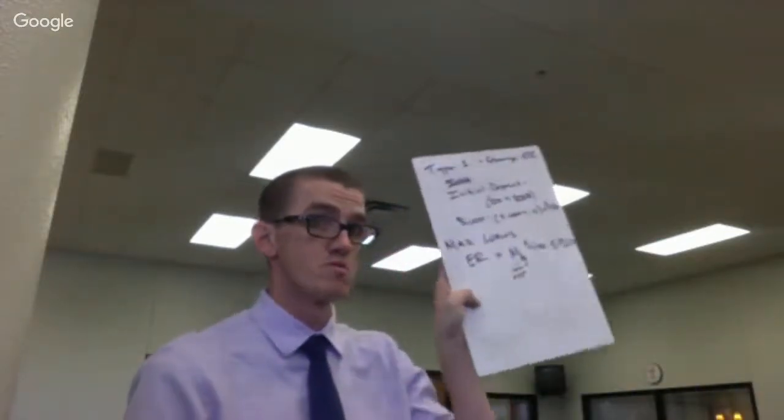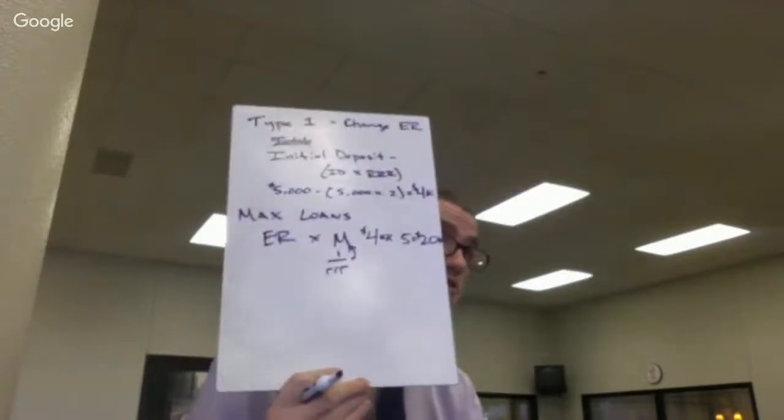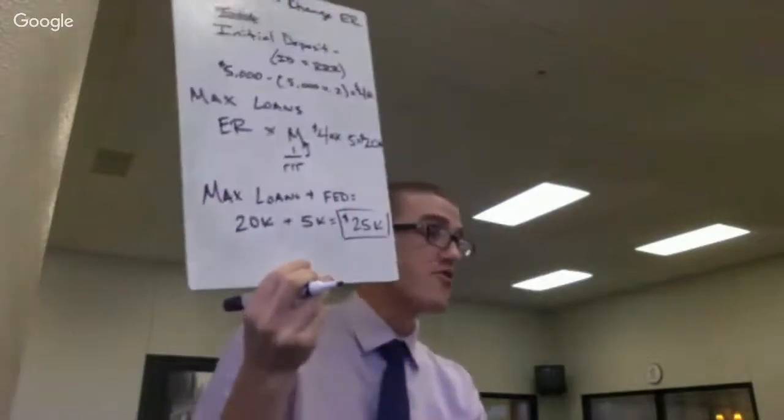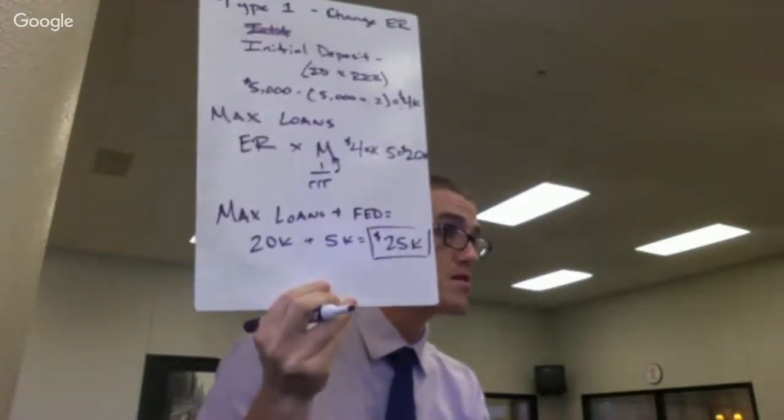Okay, so that's type 2, max new loans. Change in money supply is type 3. So you're going to take your max new loans and then add in Federal Reserve action, which was 20,000 plus the 5,000 purchase. And so you have a grand total of 25,000. Okay? So that's your answer for C.